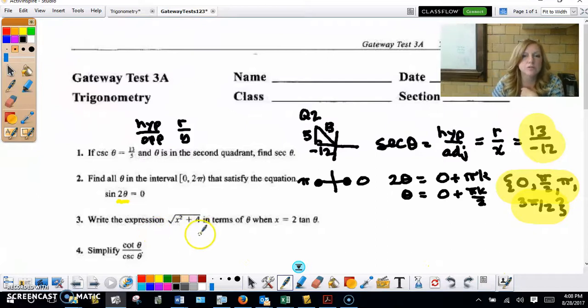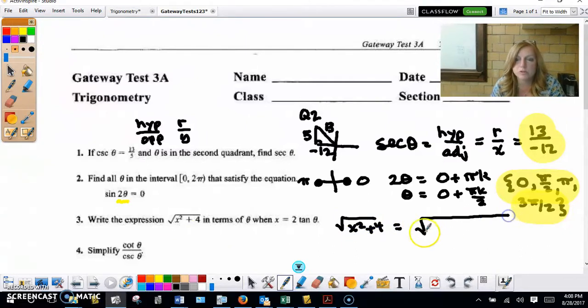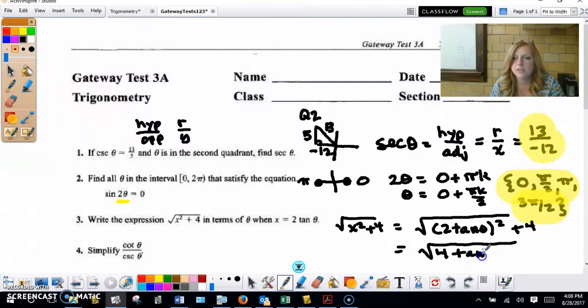Okay, for number 3, it's just a substitution. If x is this, plug it in and simplify. That's the key to this. So the square root of x squared plus 4 is going to become the square root of 2 tangent theta squared plus 4, which is going to be the square root of 4 tangent squared theta plus 4.